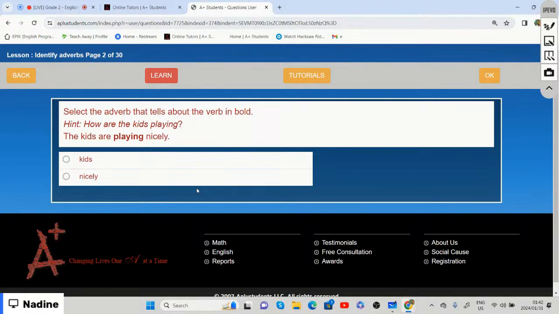So especially if they're saying the word how, then you just look at the last word and see that there's an ly. So the kids are playing nicely, which means that nicely is the adverb.